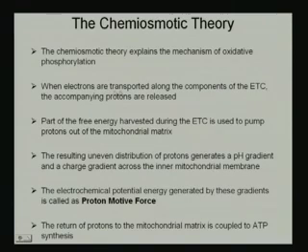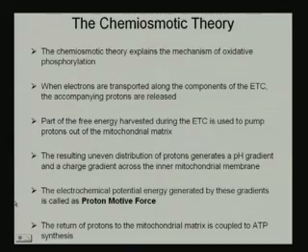When electrons are transported along the components of the electron transport chain, the accompanying protons are released. Part of the free energy harvested during the electron transport chain is used to pump the protons out of the mitochondrial matrix. The resulting uneven distribution of the protons generates a pH gradient and a charge gradient across the inner mitochondrial membrane.